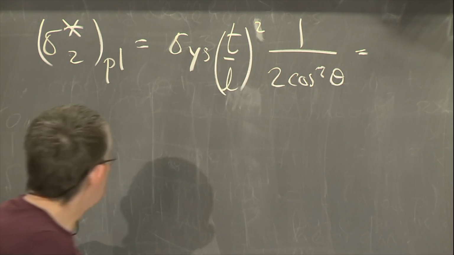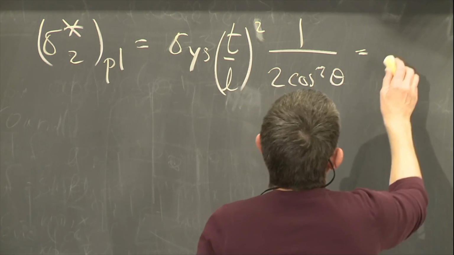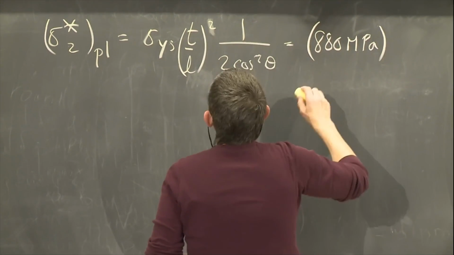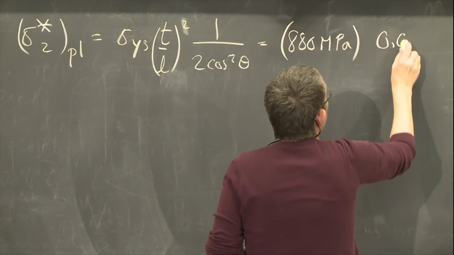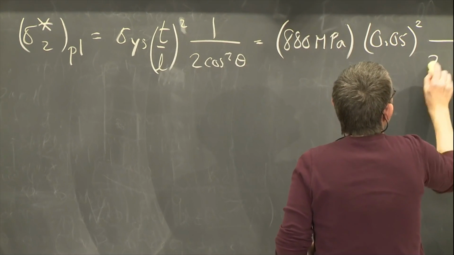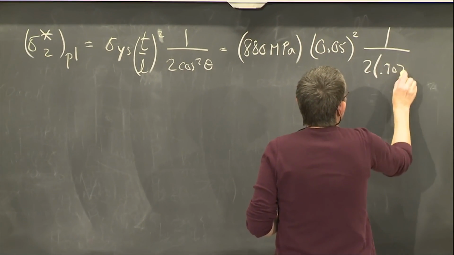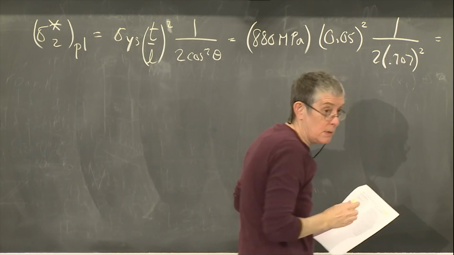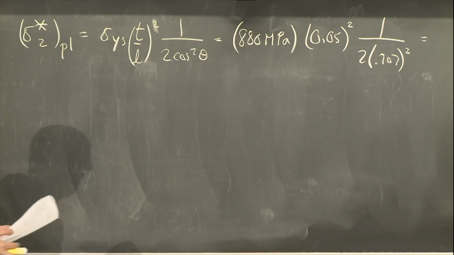Sigma ys was 880 megapascals, and T over L was our 0.05, and that's 1 over 2 times 0.707 squared, and then whatever that equals. And whichever one of those would be less is the plateau stress.